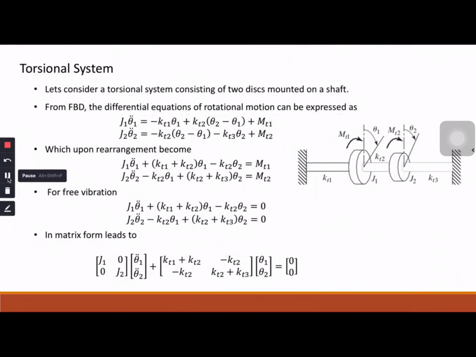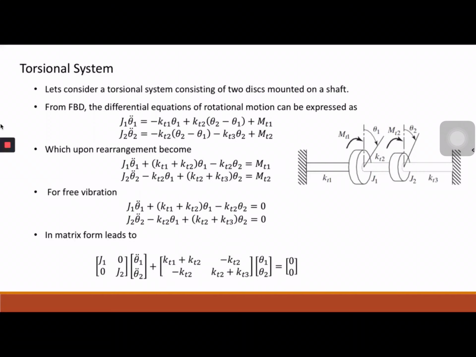Now, just to mention a few things on the torsional system. The torsional system here is basically the same method as the mass spring and damper system that we did before.